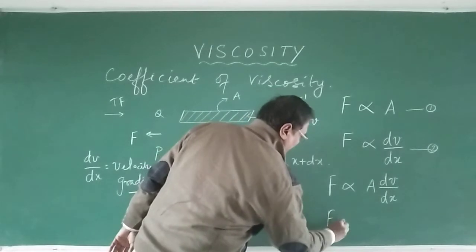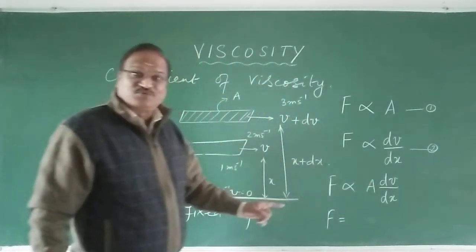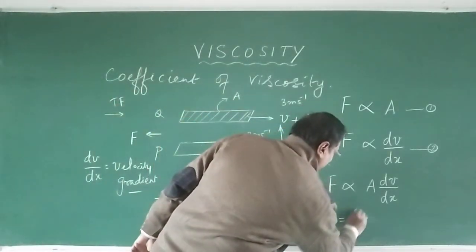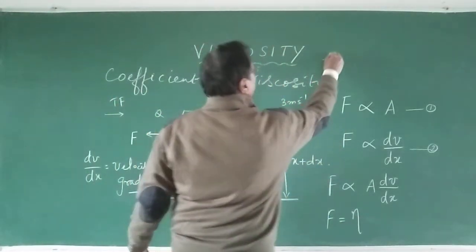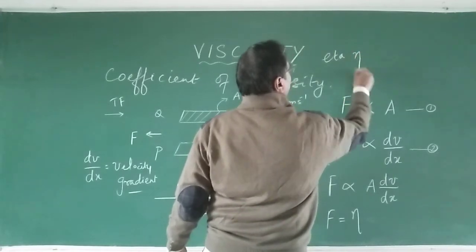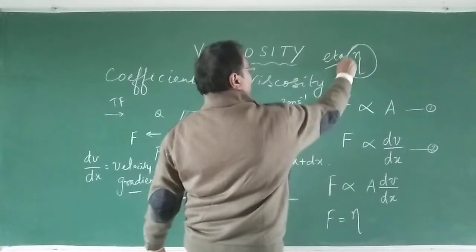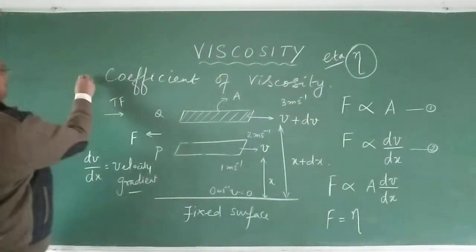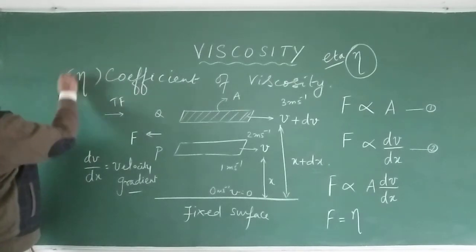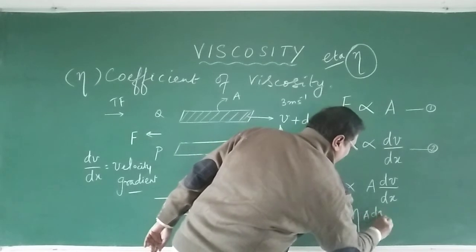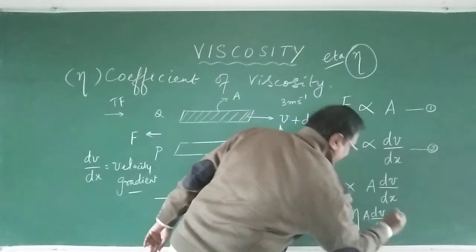Or F is equal to, now we need to introduce a constant, and that constant is eta. See, n is there, you extend the n like this, and this is called the coefficient of viscosity. Eta is nothing but the coefficient of viscosity.